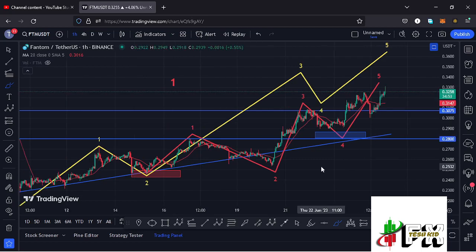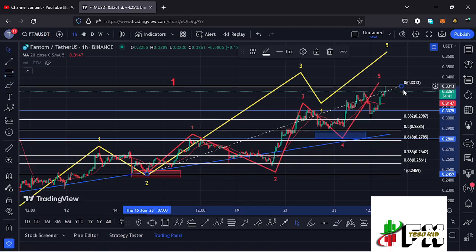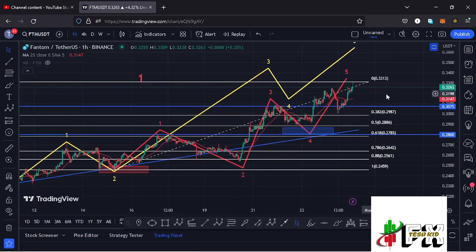And if that is the move that plays out on the charts, then using the Fibonacci's, connecting them from the low of the second wave to the high at around the $0.33 mark, we get a minimum retracement area for that fourth wave between the Fib level 0.382 and the Fib level 0.5, which is the area between the $0.2987 mark and the $0.2886 mark.